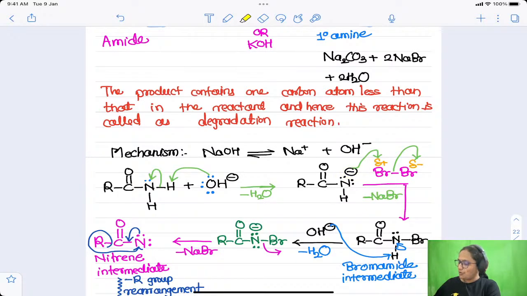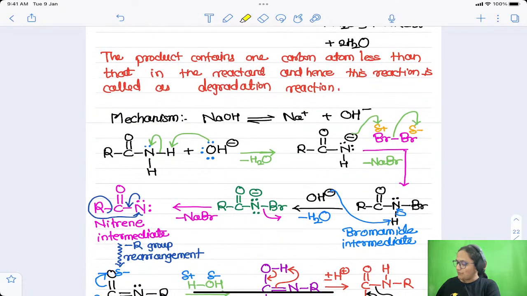Then there is a role of bromine, and we get loss of NaBr and formation of the bromamide intermediate, RCONHBr. There is again loss of another water molecule by attack of OH minus, giving a negative charge on nitrogen. Therefore, there is loss of bromide as sodium bromide, and we get the next intermediate, called the nitrene intermediate.